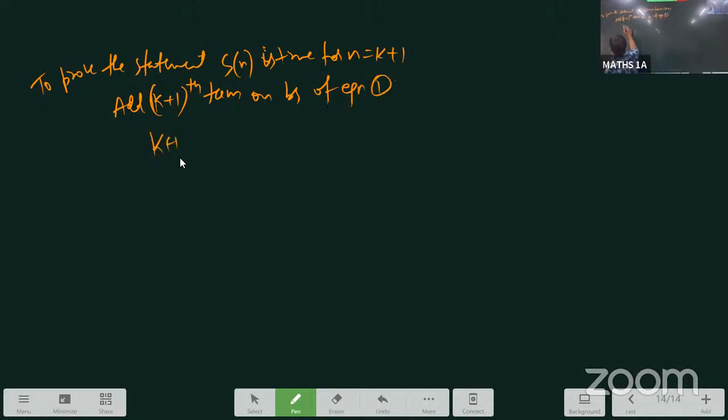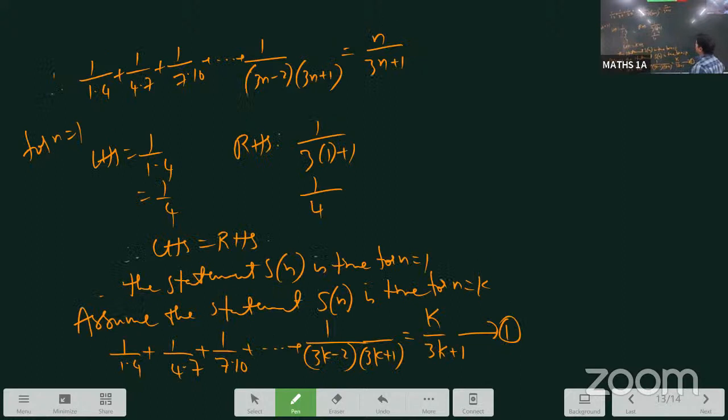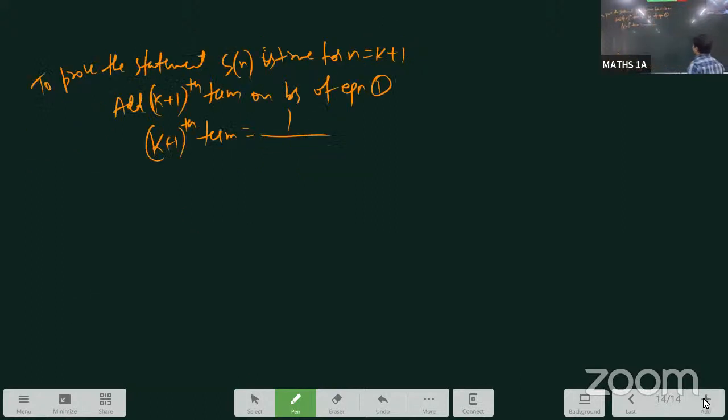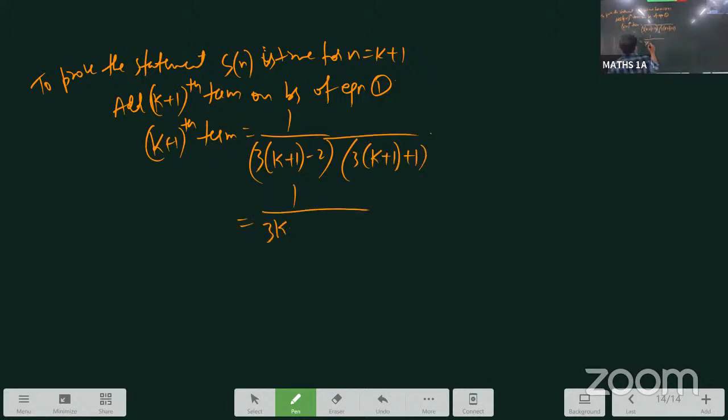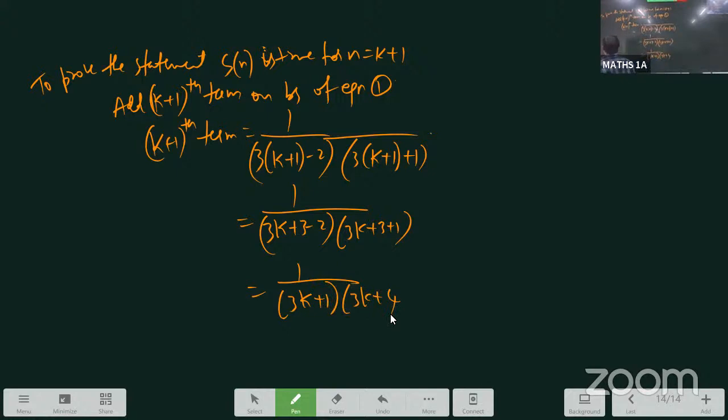What is your k plus 1th term? The k plus 1th term is 1 by 3n minus 2, 3n plus 1, that is 1 by 3 into k plus 1 minus 2 into 3 into k plus 1 plus 1. Is it clear? That is 1 by 3k plus 3 minus 2 into 3k plus 3 plus 1, that is 1 by 3k plus 1 and 3k plus 4. This term you are going to add on both sides of 1.